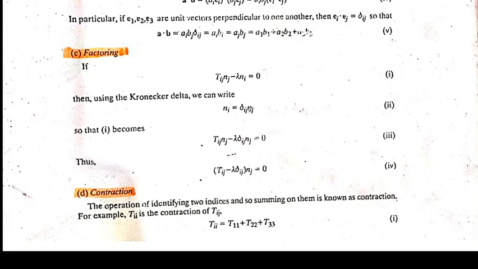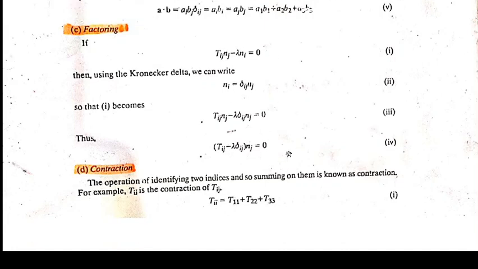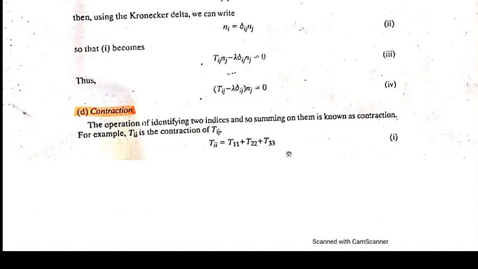This ni could be written as delta ij nj, that if you contract this j, you will have an i. So you can use this equation number 2 in equation number 1 and we have this form. Then you can write 3 in the form of 4. So this is the factorization of equation number 1, where we have made 2 factors of it.